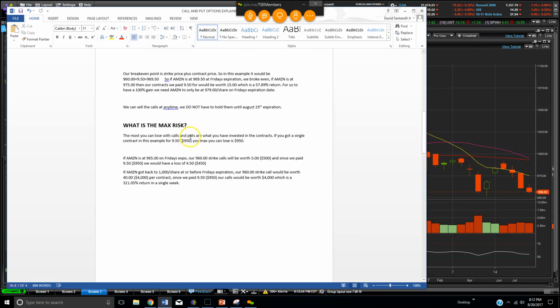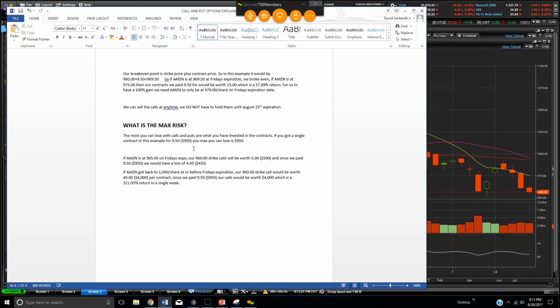Now, what is the maximum risk? The most you can lose with calls and puts is what you have invested in the contracts. If you got a single contract, for example, here for the $9.50, which is $950, the most you can lose is $950. That's your max loss. You can't lose any more. The only way you're really going to lose more is if you have a credit spread or if you're selling naked options.